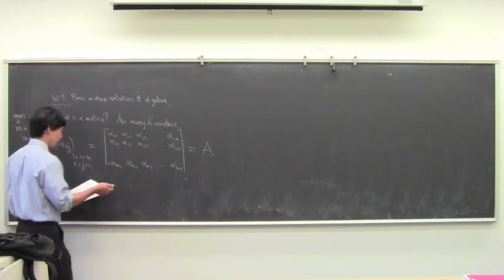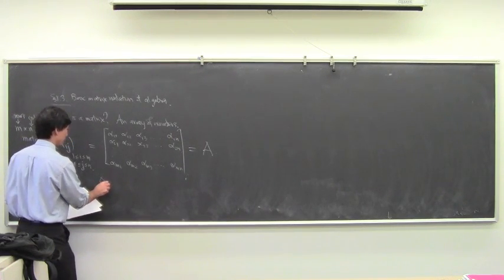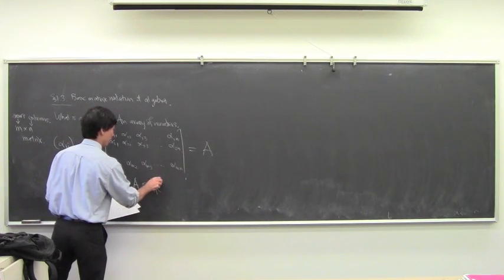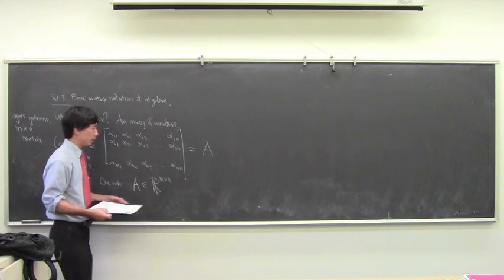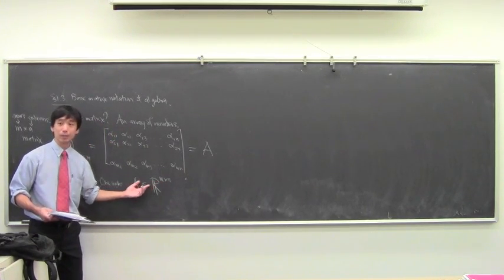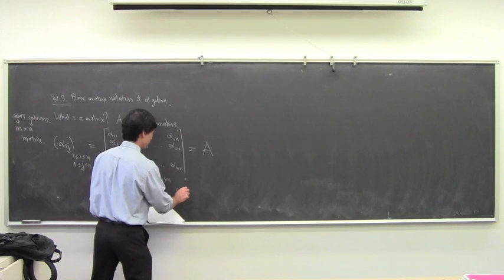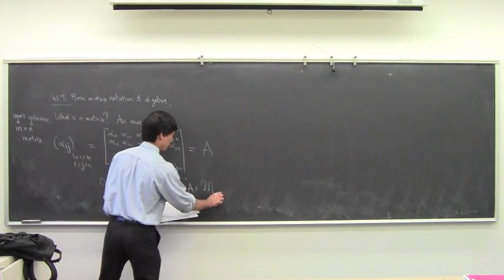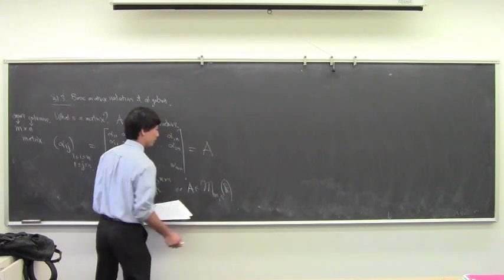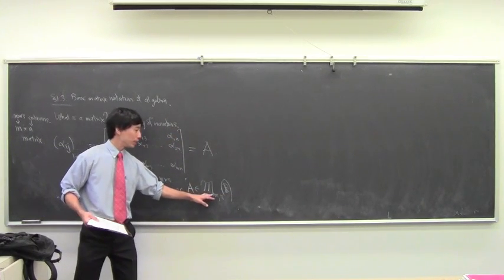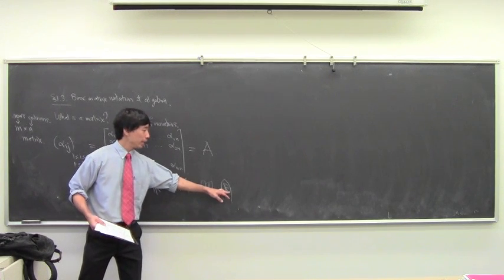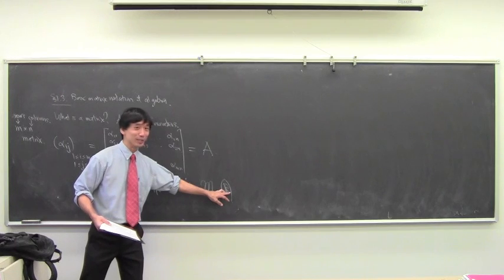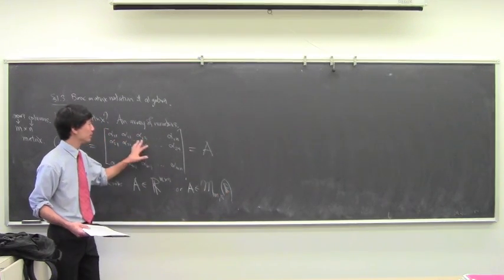One writes A lies in R^(m×n) to say that A is an m by n matrix, or A lies in the script M_(m,n)(R). So you're in the matrices that are m by n, and each of the entries is a real number.